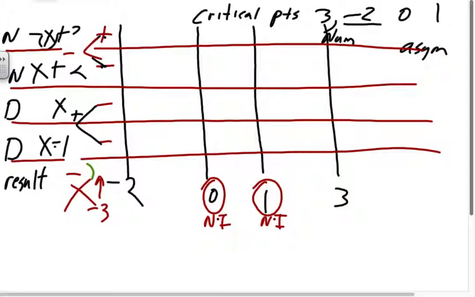All right? So now I pick a point between negative 2 and 0, and I'm going to pick negative 1, and I plug it in. Negative 1 plus 3 gives me a positive. Negative 1 plus 2 is a positive, so these two products are going to give me a positive.